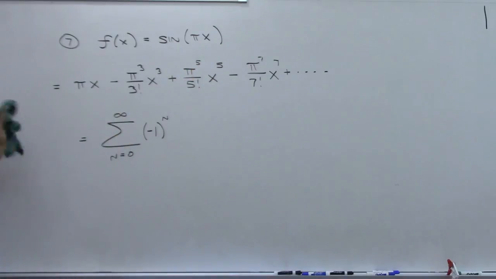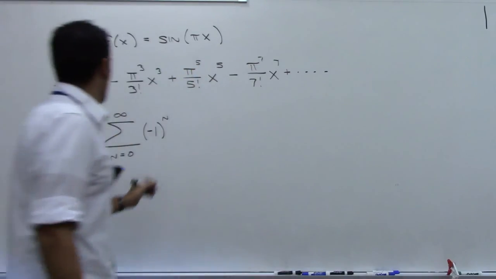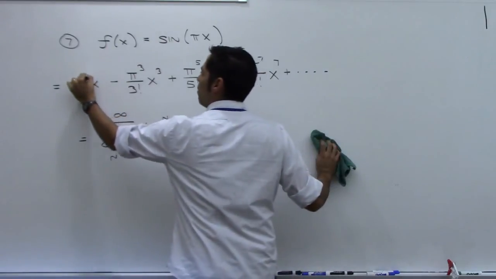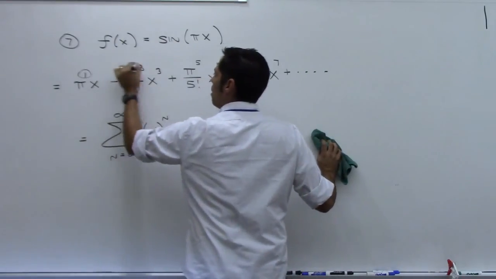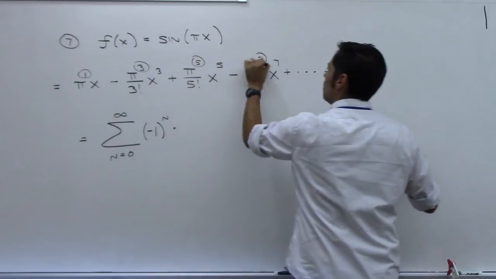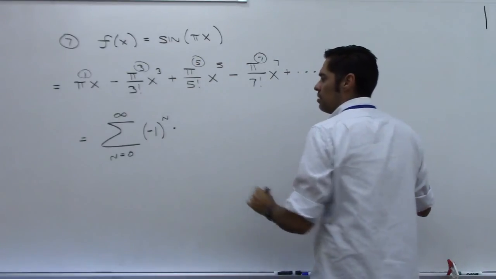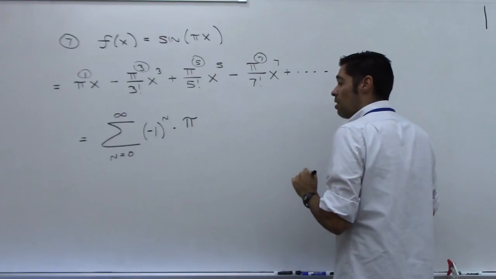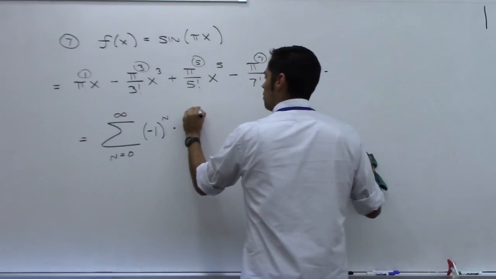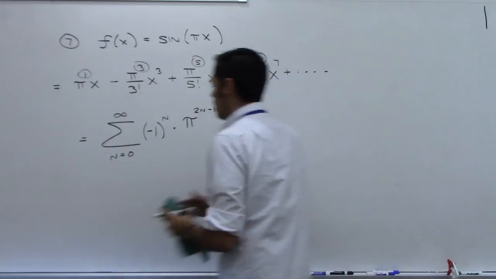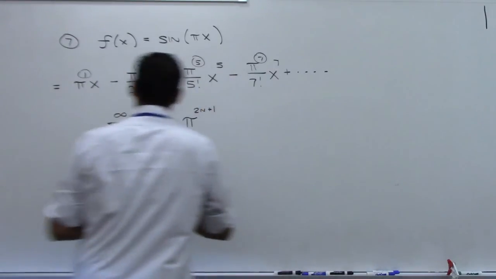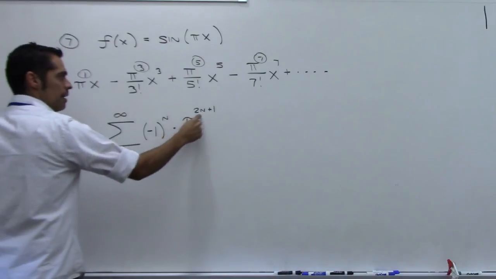So this should create the alternating part. Then all these powers on the pi's are odd numbers, so I need pi raised to odd numbers starting at 1. So 2n plus 1. If I plug in n is 0, I get 1.